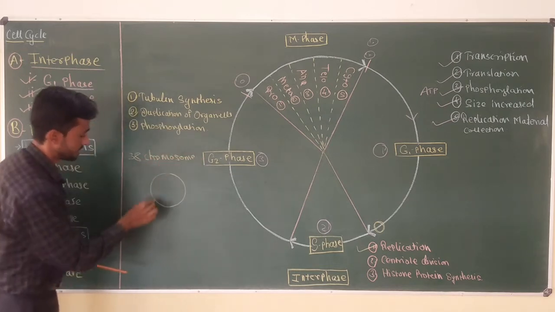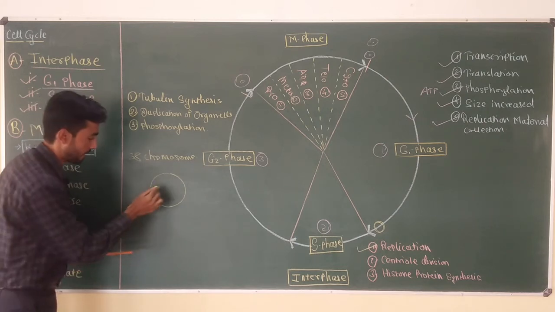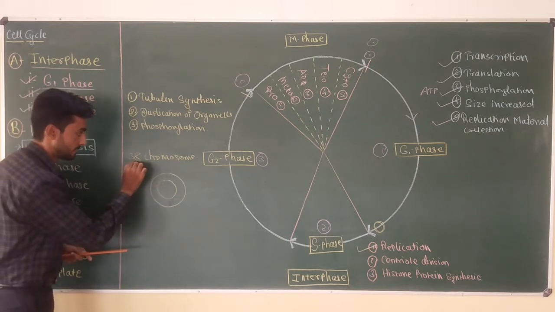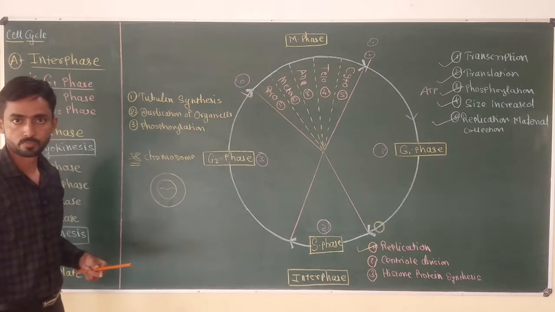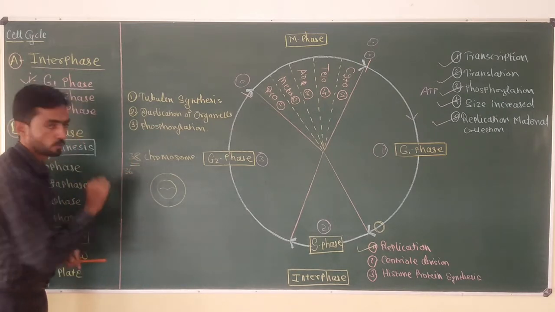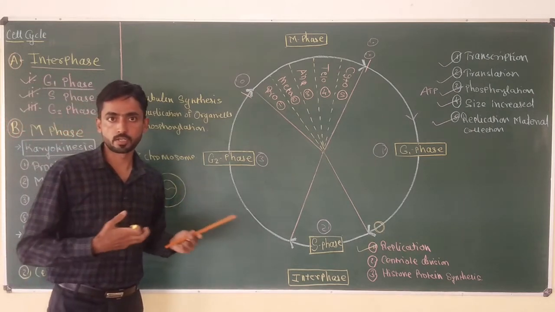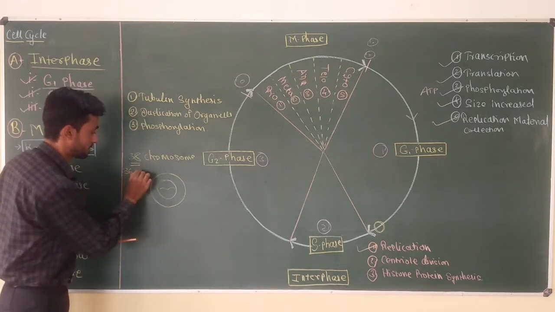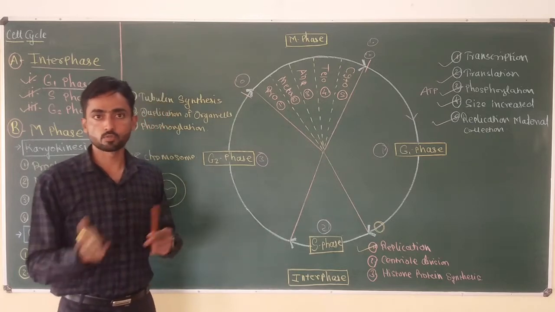So suppose this is the cell of a domestic cat, an animal cell. This animal cell has a nucleus, and inside the nucleus this cell has 38 chromosomes. Out of these 38 chromosomes, 36 are autosomes, which are responsible for production of the different morphological characters of the cat, while 2 are sex chromosomes, like XX in female and XY in male.